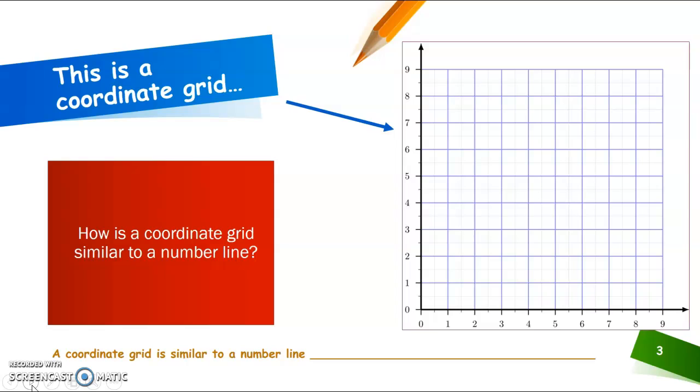This one is going from 0 to 9, both ways, and so it's just tracking distance horizontally and vertically. So it's very similar to a number line in the fact that it is actually two number lines put together to graph space in between. So what if something's not exactly on one number line but falls in an area on two number lines? And again, a lot of this has to go back to mapping.